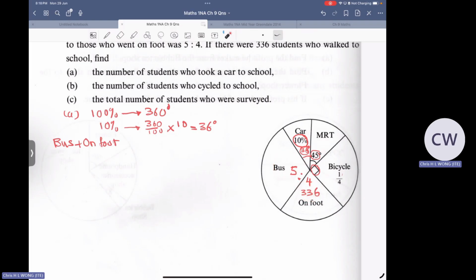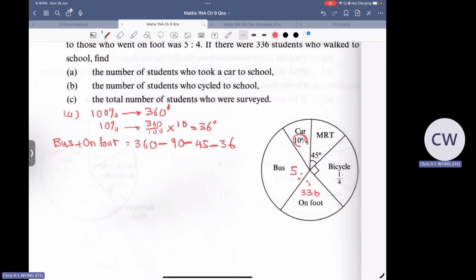Total add up together is actually 360 minus 90, this one, minus 90, minus 45, minus 36. Am I right? Yeah. Bus plus on foot, I just need to minus, take out to make it cleaner.